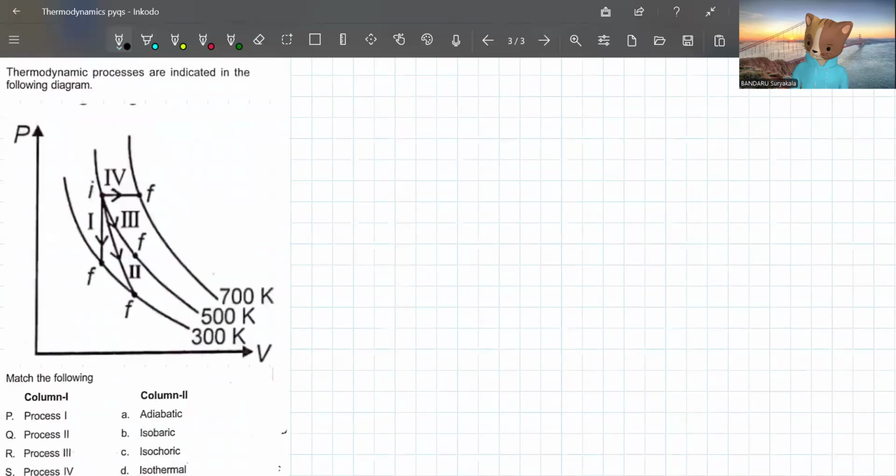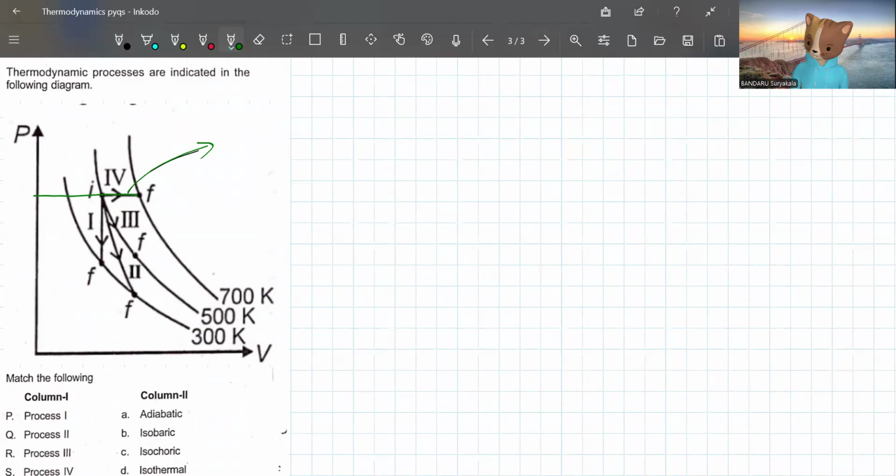Next one. So this is the graph they gave. And they ask, what is this process? See this process, fourth one. First, we will go in order, fourth one. This is perpendicular to the pressure axis. What is the process?